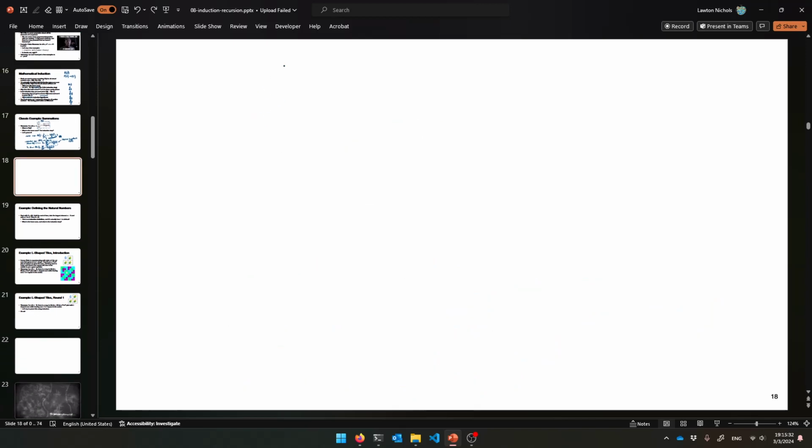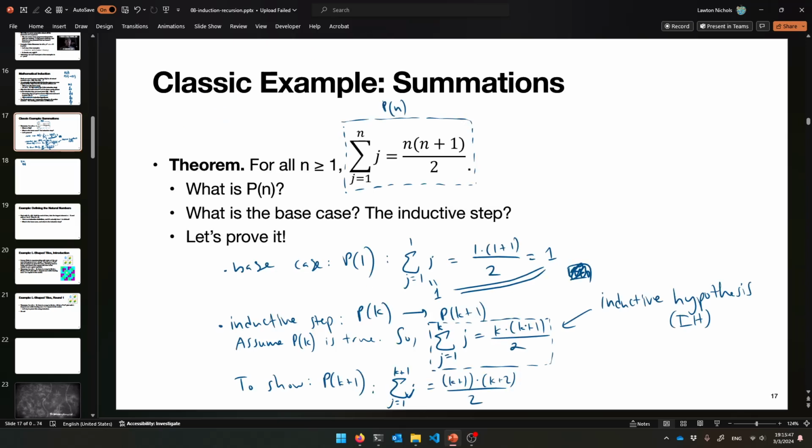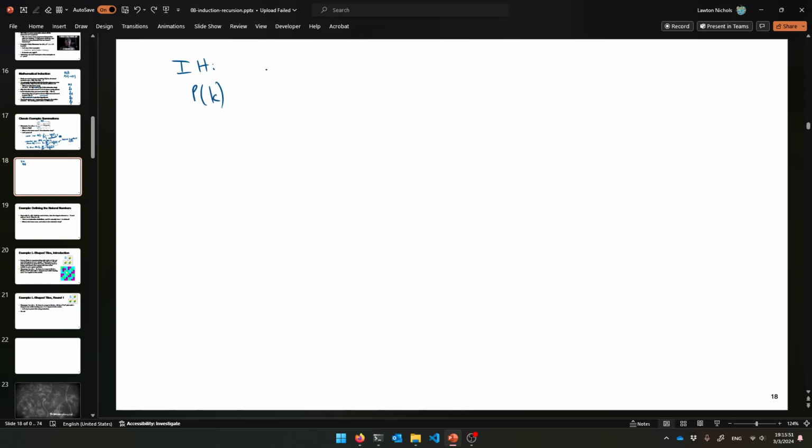So here we have our inductive hypothesis. I'll write that out because we need that. That's our P of k. I'll just reproduce it on this slide. This is saying that this sum right here, the sum of all the j's, starting at 1, up to k, we get to assume that that is equal to k times k plus 1 over 2.